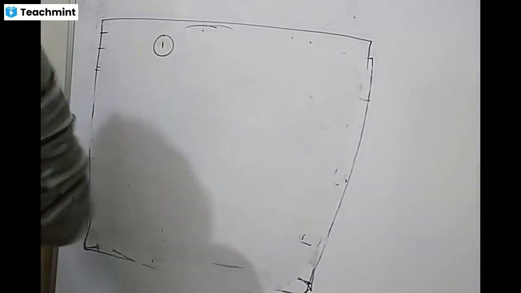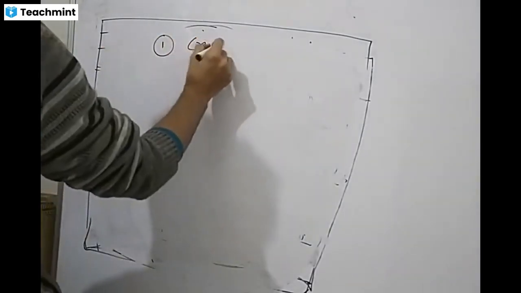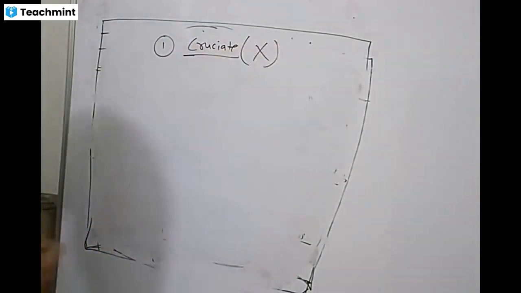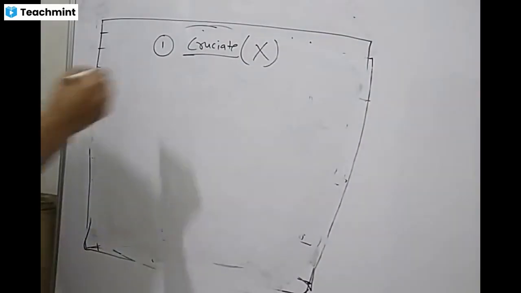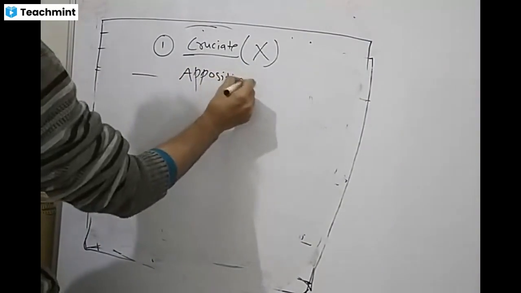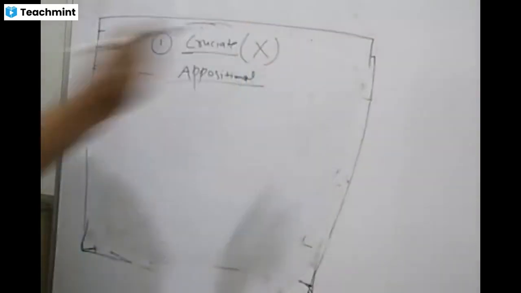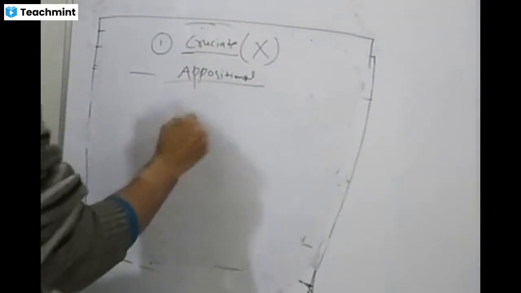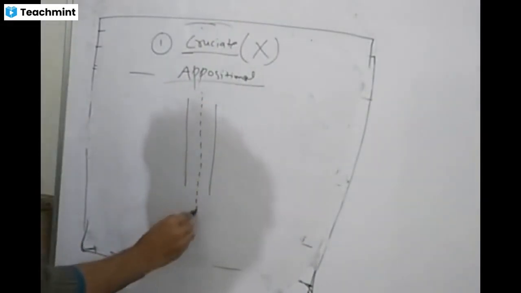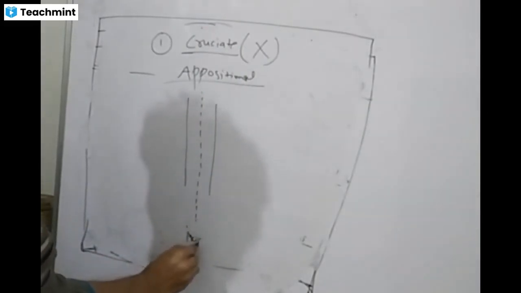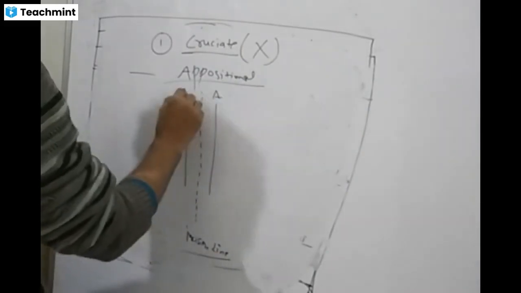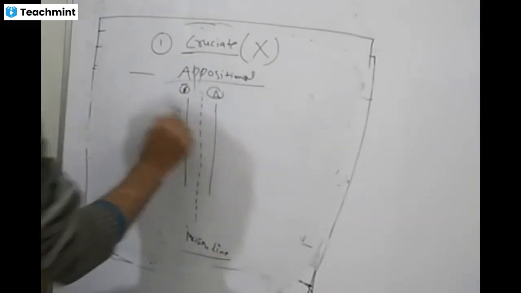First matrix suture is your cruciate type. Cruciate means cross type. How are these formed? Normally they are oppositional type, meaning they oppose the wound edges. Suppose this is your incision line, and these A and B are the wound edges.